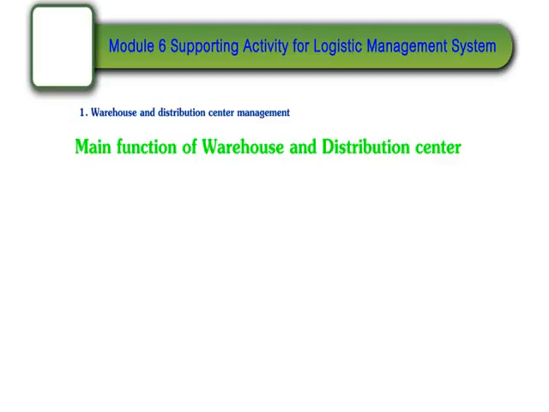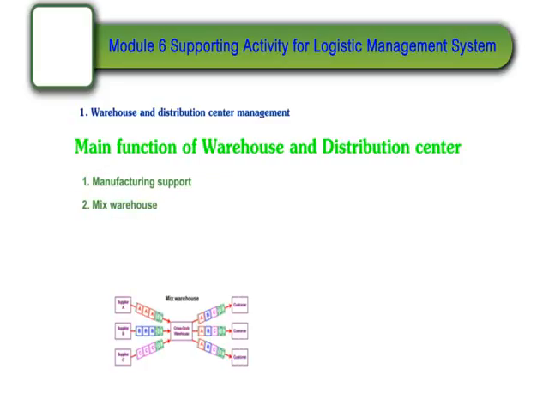This topic mentions the main functions of warehouse and distribution center. Number 1, manufacturing support. A warehouse is a place that collects and stores raw materials to support manufacturing. Number 2, mix warehouse. Product mixing often involves multiple plant locations that ship products to a central warehouse.